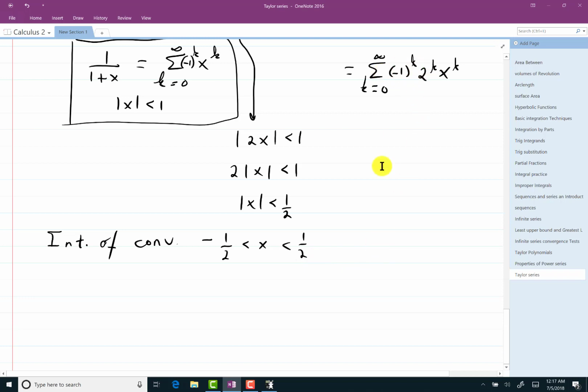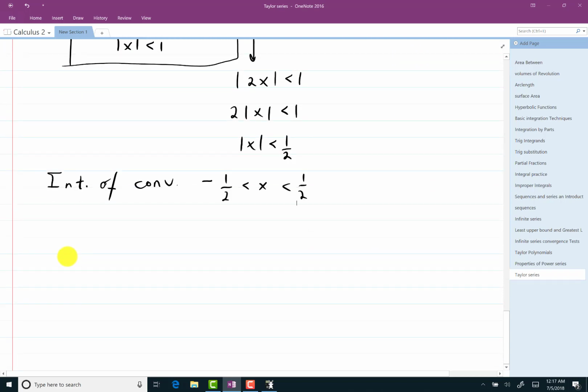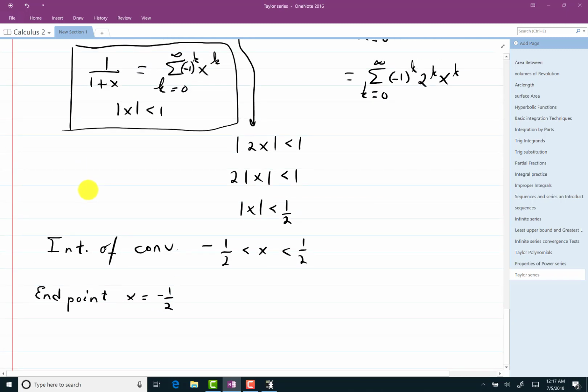Here's my series. So first we'll check out the endpoint x equals negative 1/2. And I'll put it back in that series.